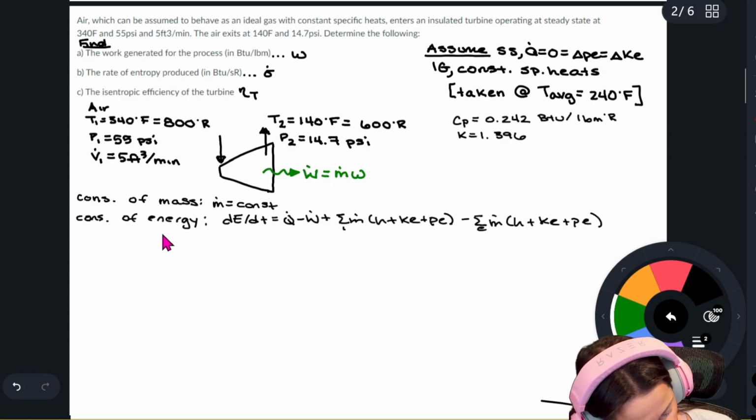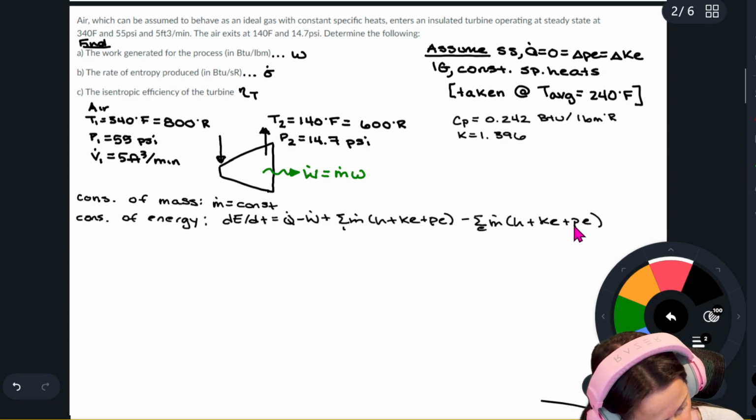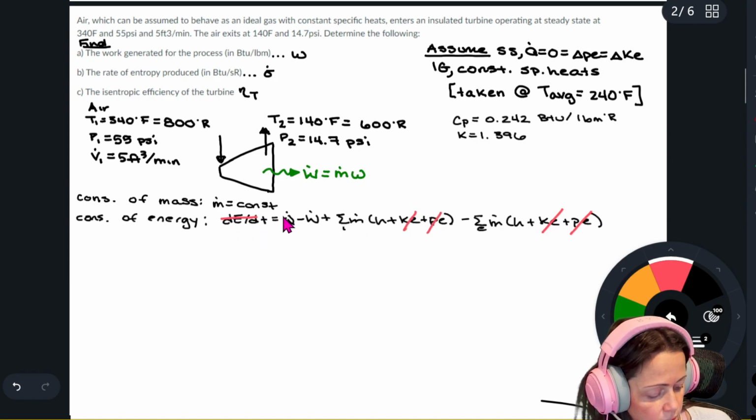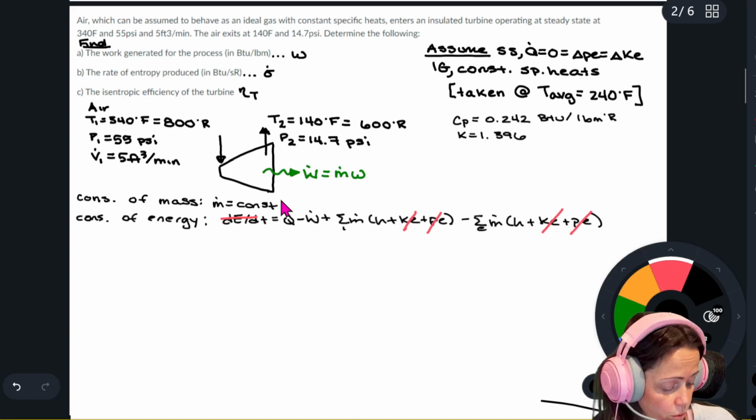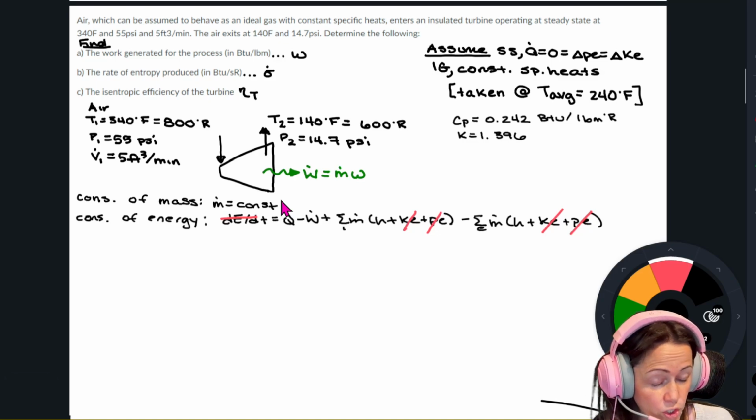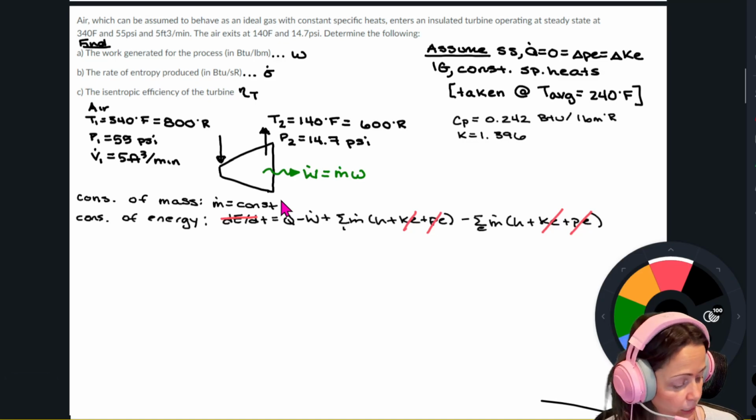And I'm going to go ahead and cancel out changes in kinetic and potential energy, and the term related to whether or not it's steady state, right? The change in energy contained within that system boundary.